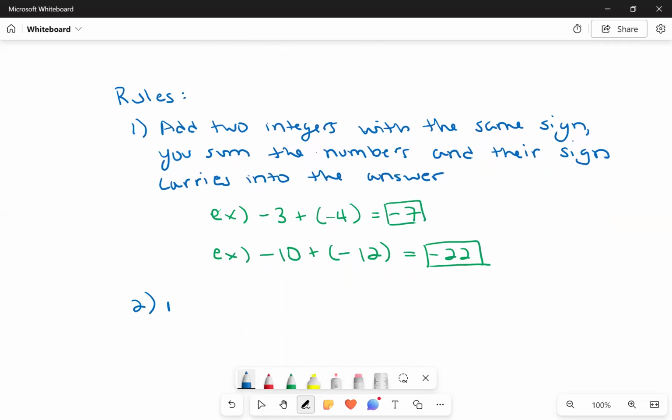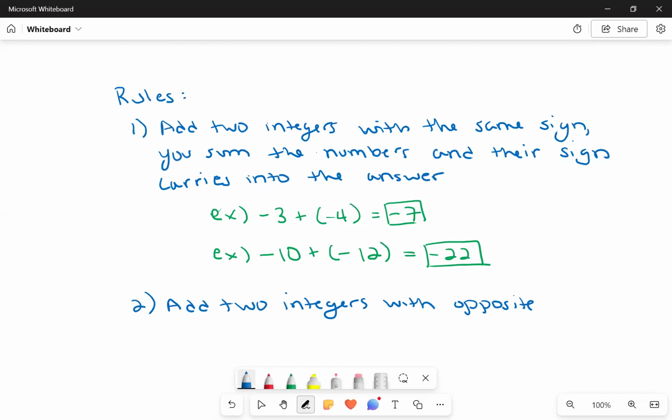So when you add 2 integers with opposite signs, now here's where it's different. The book takes 2 separate rules to write this, but it can be done in one rule.